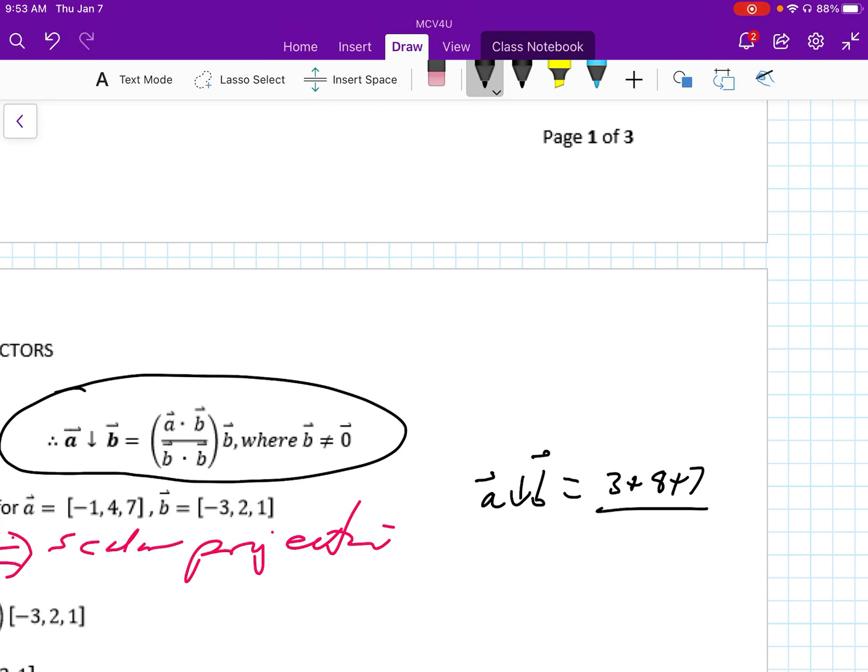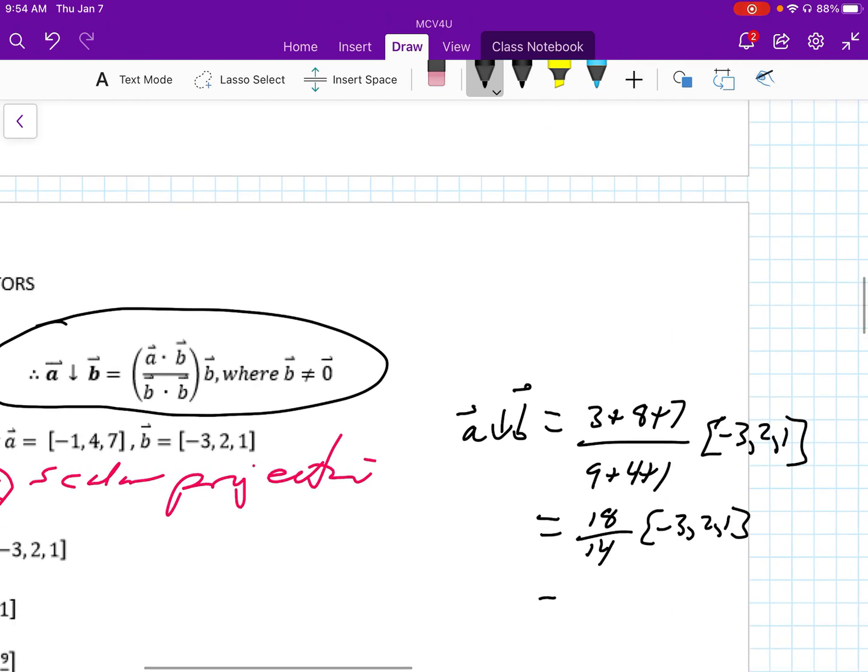Now you're doing B dot B, which is basically the magnitude squared, but B dot B, you've got 9 plus 4 plus 1, and then we multiply that by the vector B. So 15 and 3 is 18 over 14 times the vector itself, and we can go through that.